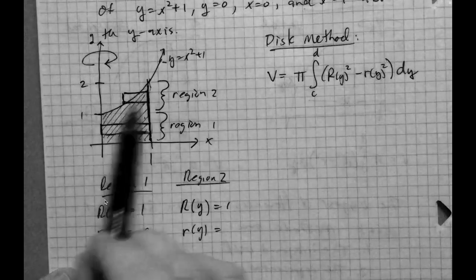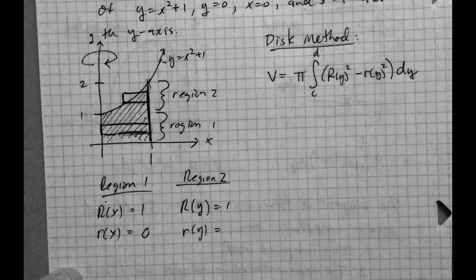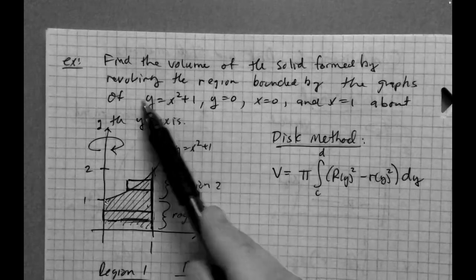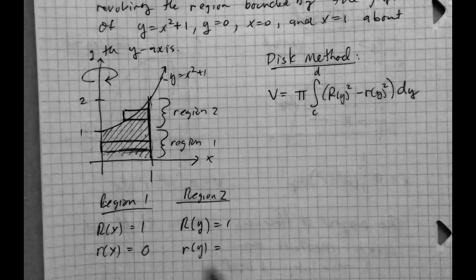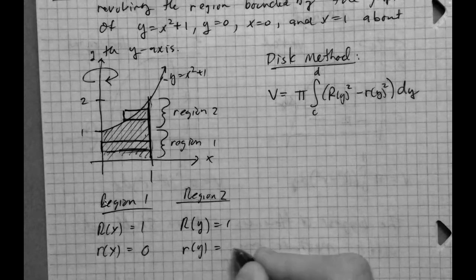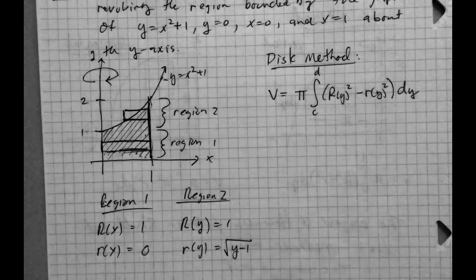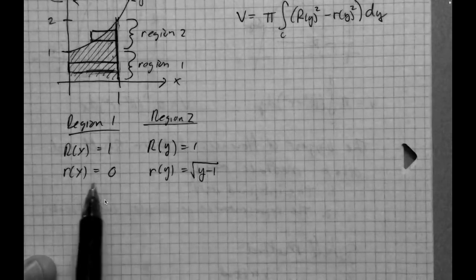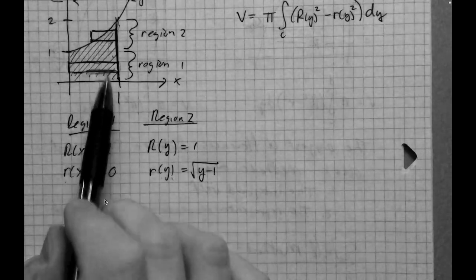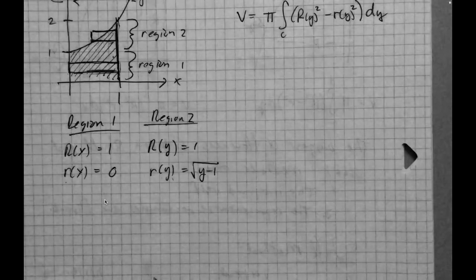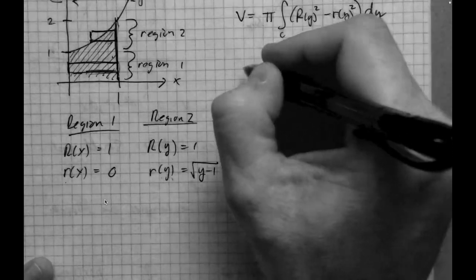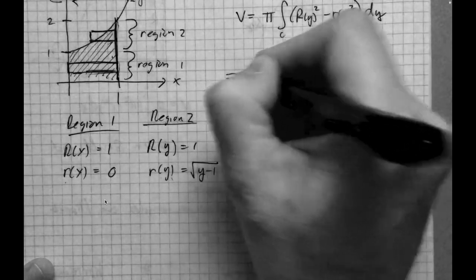It's this curve up here. We can make this x as a function of y, and when we do that algebra, we see that that function would be the square root of y minus 1. So you've got these two pieces, and because the inner radius varies depending on which region you're talking about, you're going to have two integrals.